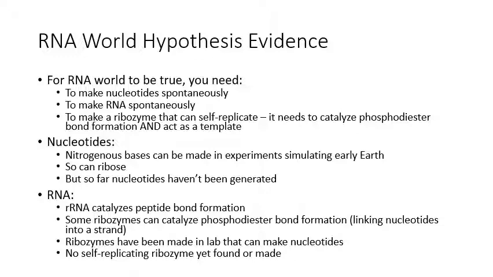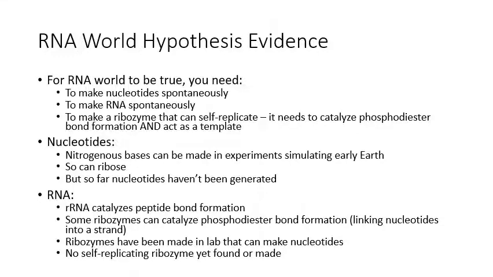We don't have them. We have done experiments where you try to replicate the conditions in the early Earth's atmosphere or in its oceans. And in those experiments, we've actually shown that you can have nitrogenous bases spontaneously forming from inorganic chemicals.